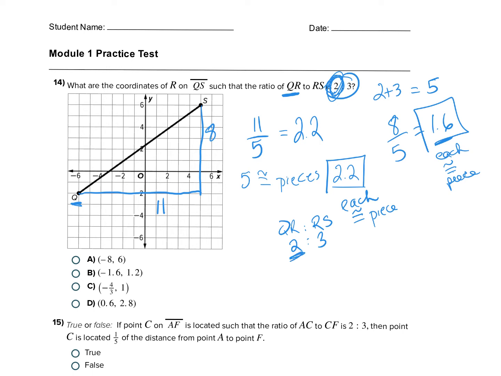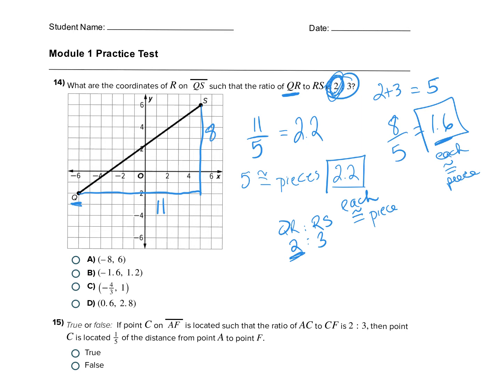We're just going to focus on the fact that there just needs to be 2 pieces from point Q to point R. So along the x-axis, we know each piece has to be 2.2. So 2.2 and 2.2 actually gives me 4.4.